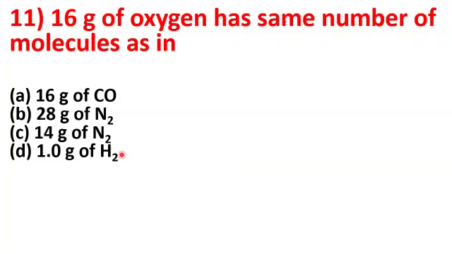So options C and D are 1 atomic mass unit, and 16 gram of oxygen is 1 atomic mass unit. So substances of 1 atomic mass unit will consist of the same number of molecules. Hence the options are C and D.